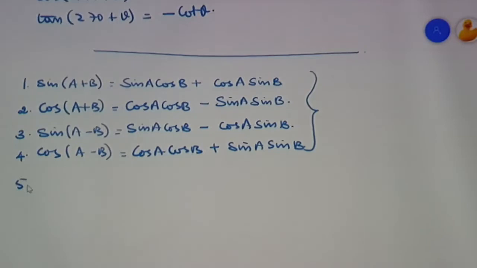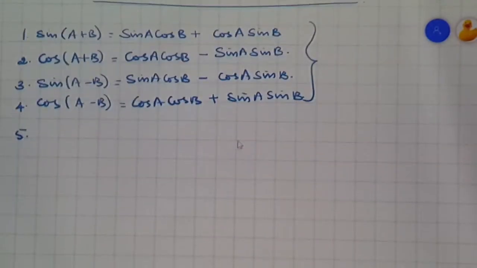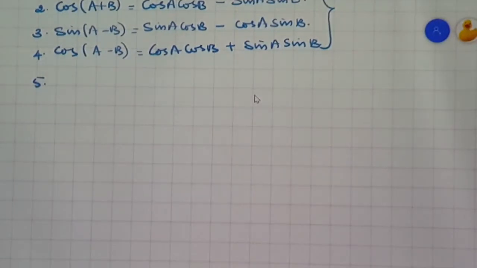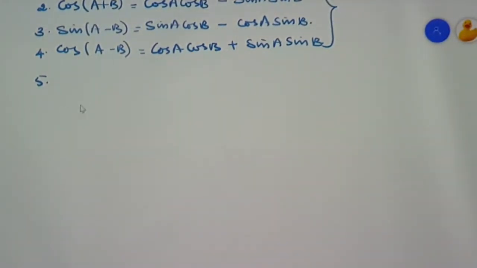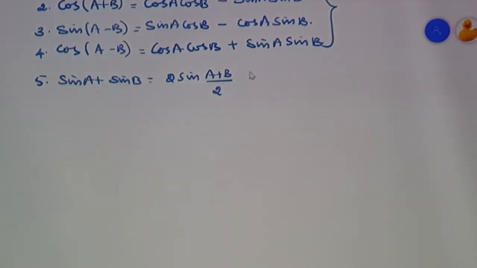Then the next one. How can you write sin A plus sin B? Sin A plus sin B is equal to 2 sin of A plus B divided by 2 into cos of A minus B divided by 2.